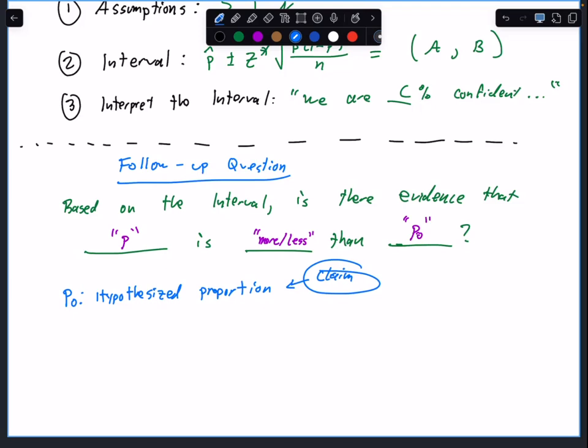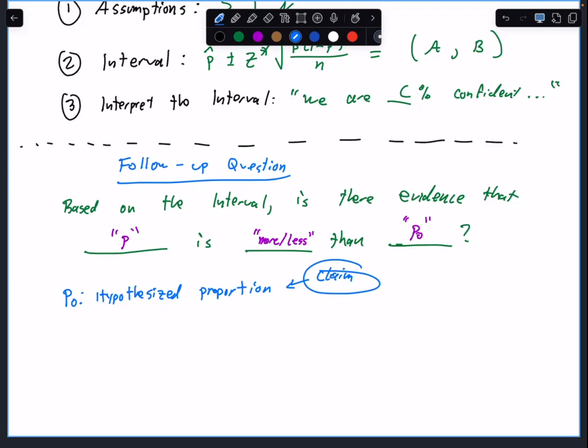So if their claim is 25% of women are going to be conceiving after help through the clinic, and the answer is actually more, then you're going to be okay with that. So really, we're saying 25 or more is their claim. So what you're looking for, is there evidence that it's less than 25%? Is there evidence that it is actually under 25%? Well, your p hat in that problem was less.